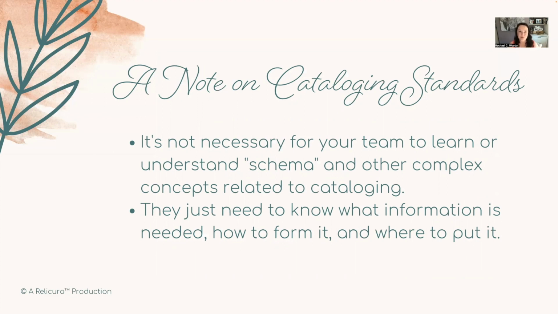It's important to know that they exist because they're going to help our foundation for our workflow, but we don't need them to have a graduate level understanding of metadata and all of the various different schema and descriptive standards that we could follow. They just need to know what information is needed, how to form it, and where to put it. So building on that concept of what data, what do we need, where are we putting it?